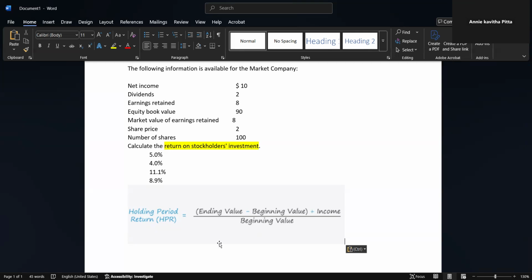What is the price the shareholder invests as of today? The share price is $2. After that, the number of shares are 100. So, altogether, the investment of the shareholder would be 100 into 2.